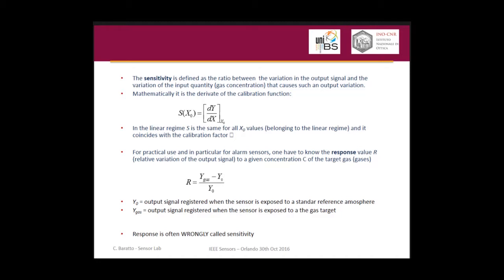This is different from what is called the response, which is defined in different ways. For example, the variable in gas minus the variable in air, divided by the variable in air. But sometimes you can find only the ratio of Y gas over Y zero.